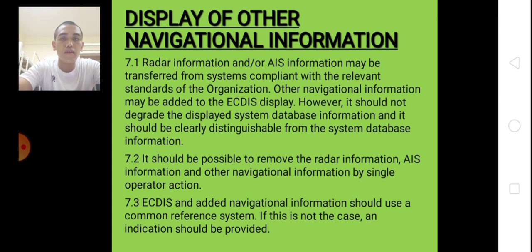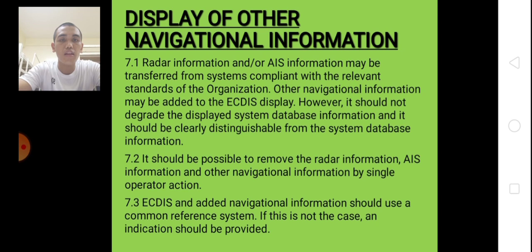So it means in 7.1 it clearly says that it should not degrade, or that the display system should clearly differentiate the system database information.